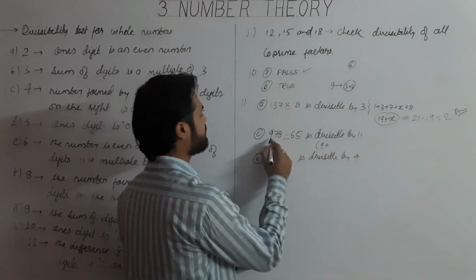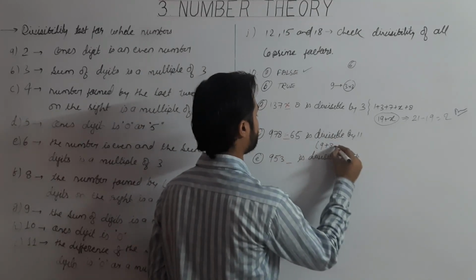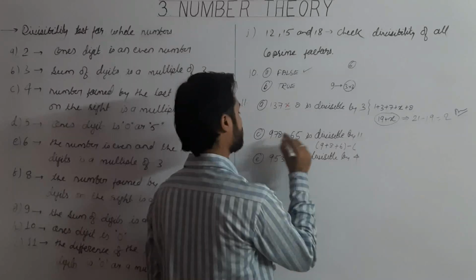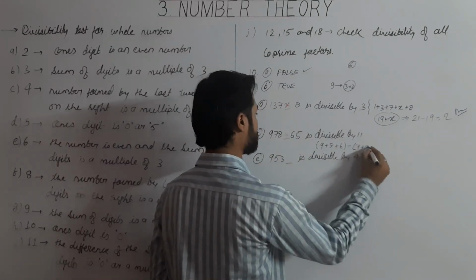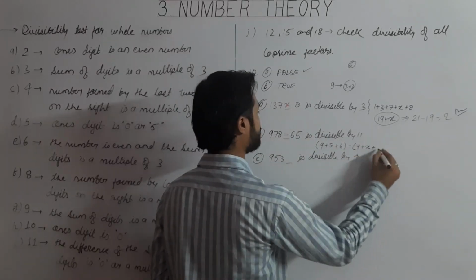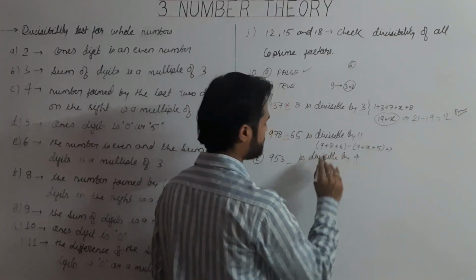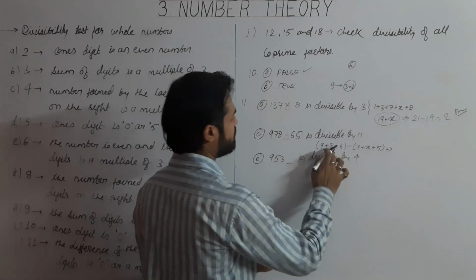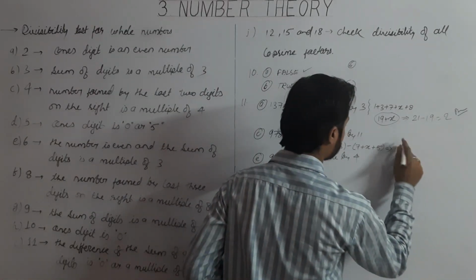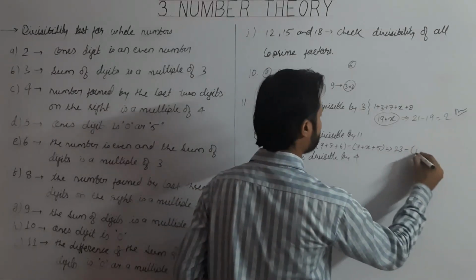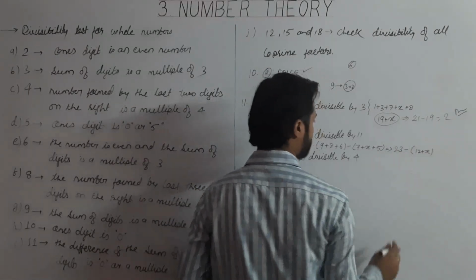Sum of alternate digits means 9 plus 8 plus 6 minus 7 plus that number plus 5. So 9 plus 8 plus 6 is 23, minus 7 plus 5 is 12 plus x.